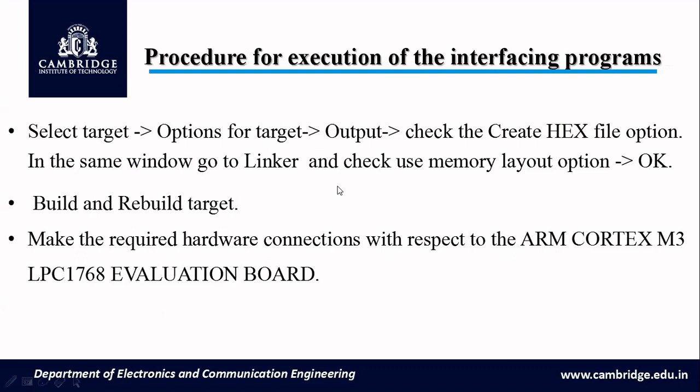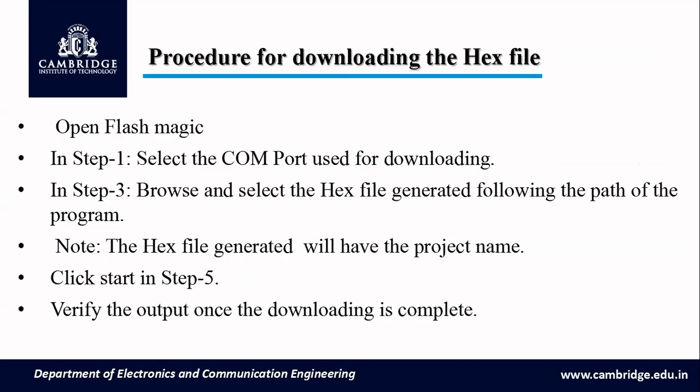Here we generate the X file. Creation of the X file is done. Once the X file is generated, the procedure for downloading the X file into the kit using FlashMagic is listed here.